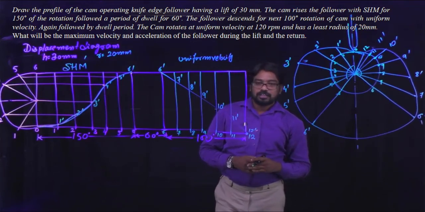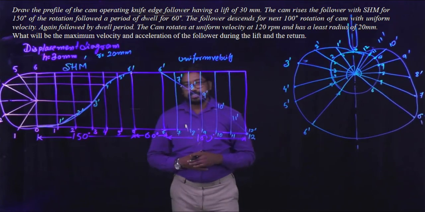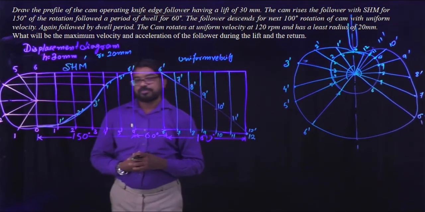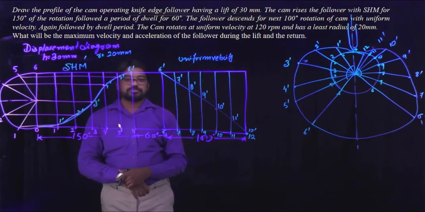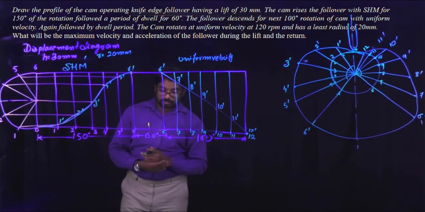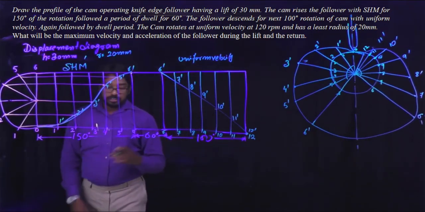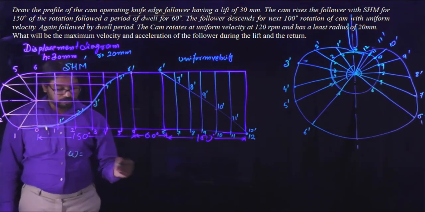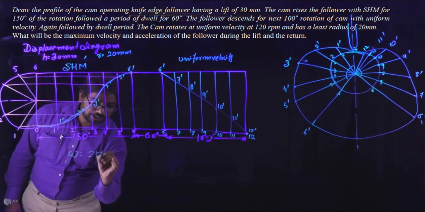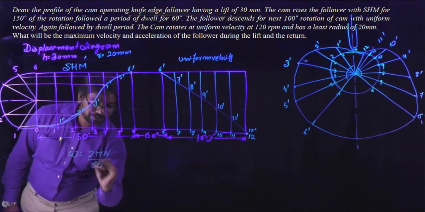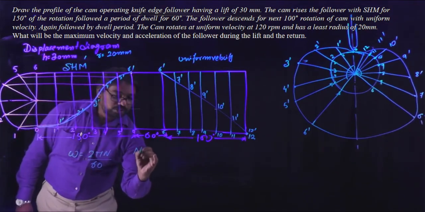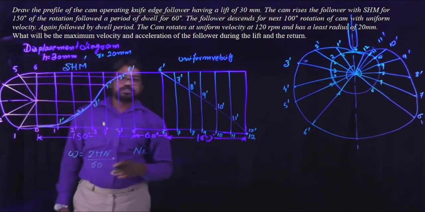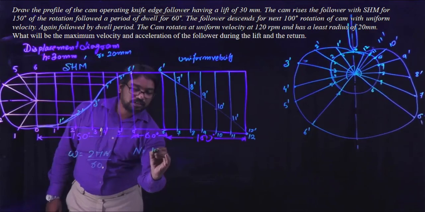Now the second part of the question says to find the maximum velocity and acceleration of the follower during the lift and the return. As we know, it is rotating with angular velocity omega equal to 2 pi N by 60, and it is rotating uniformly with N equal to 120 rpm.